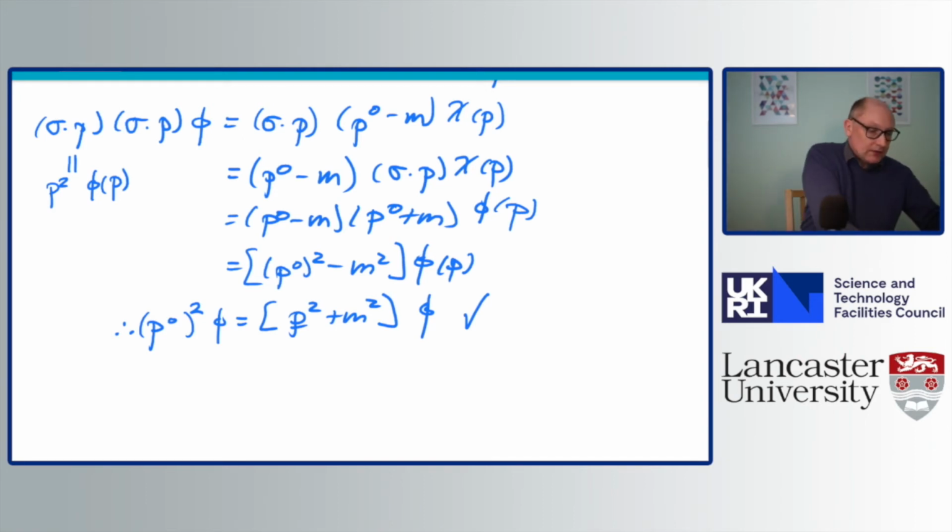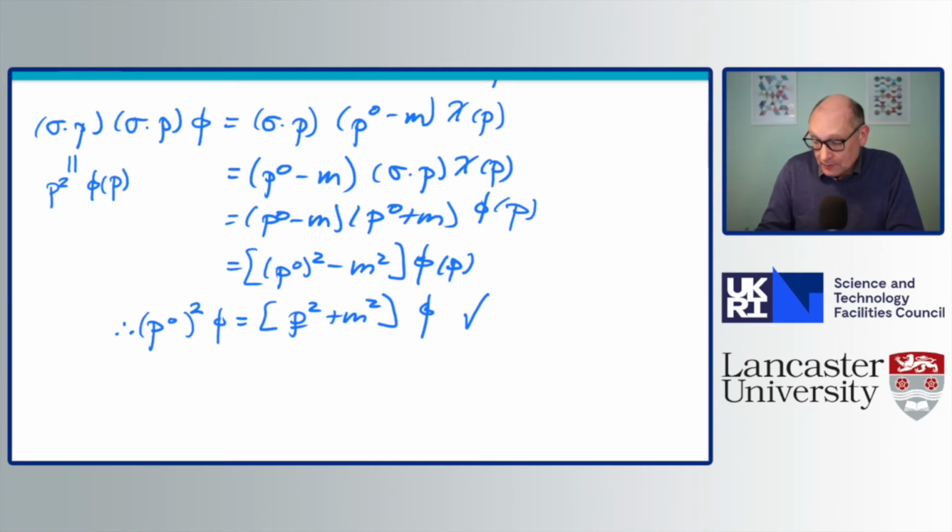One could do something similar for the psi. What one finds there is that E squared is equal to P squared plus M squared for the plane wave solutions to the Dirac equation in terms of phi.